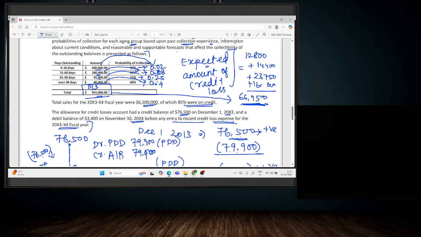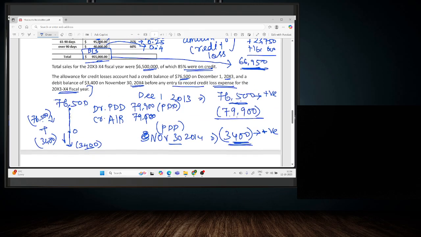Listen, we know that the closing balance of provision for doubtful debt should be how much? 66,950. On which date? On 30th November 2014, the closing balance of provision for doubtful debts should be 66,950 rupees.